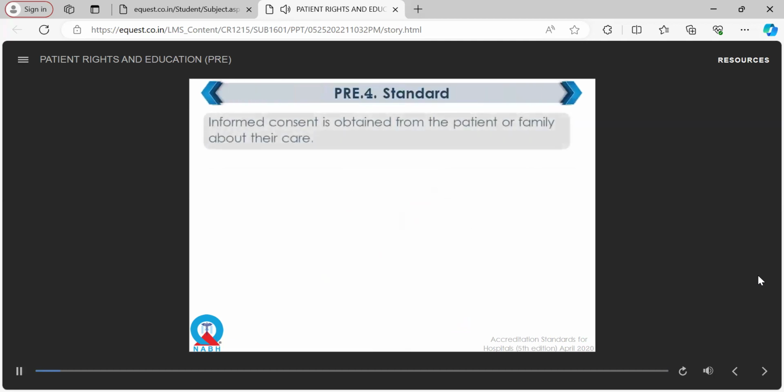Let's move towards the fourth standard, that is PRE.4. As per the standard PRE.4, informed consent is obtained from the patient or family about their care.